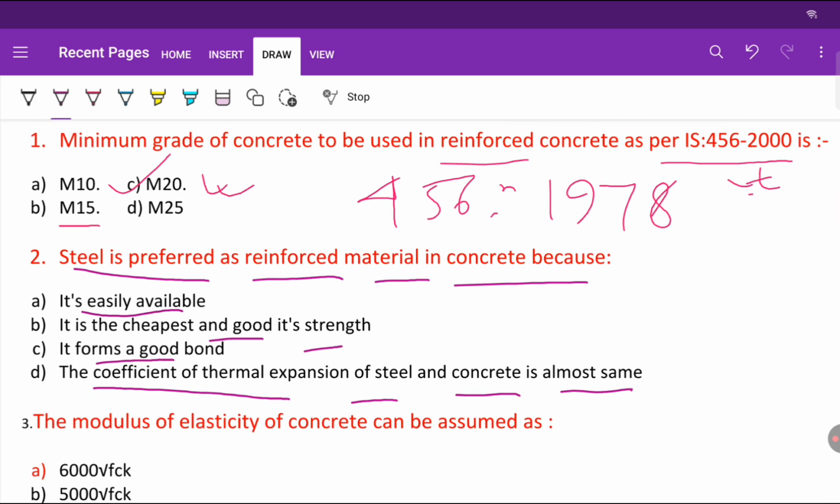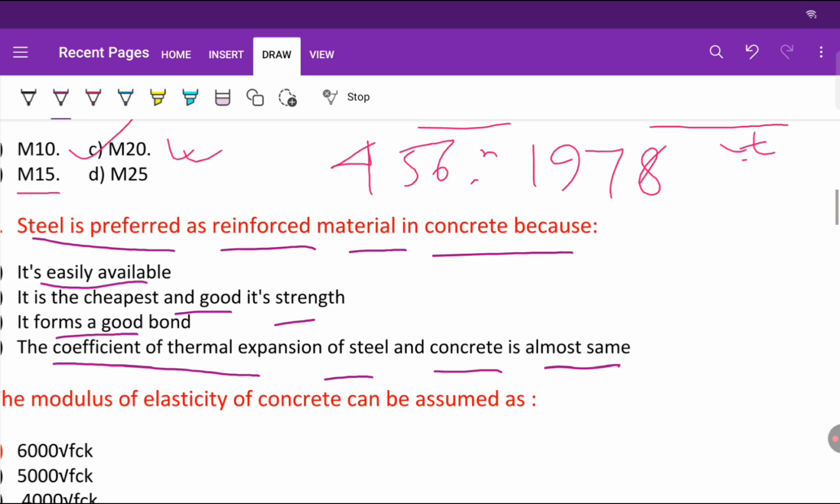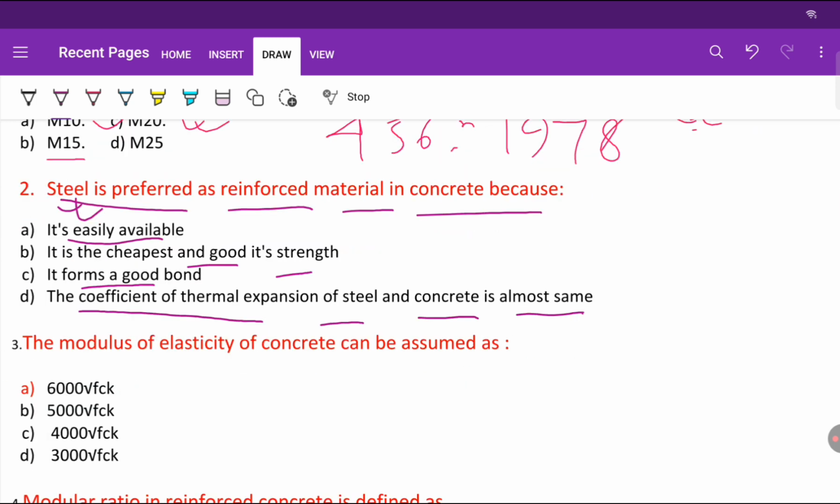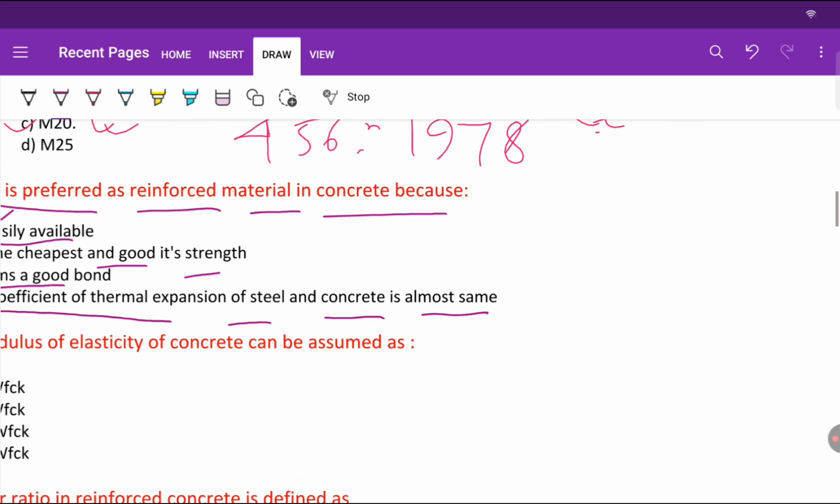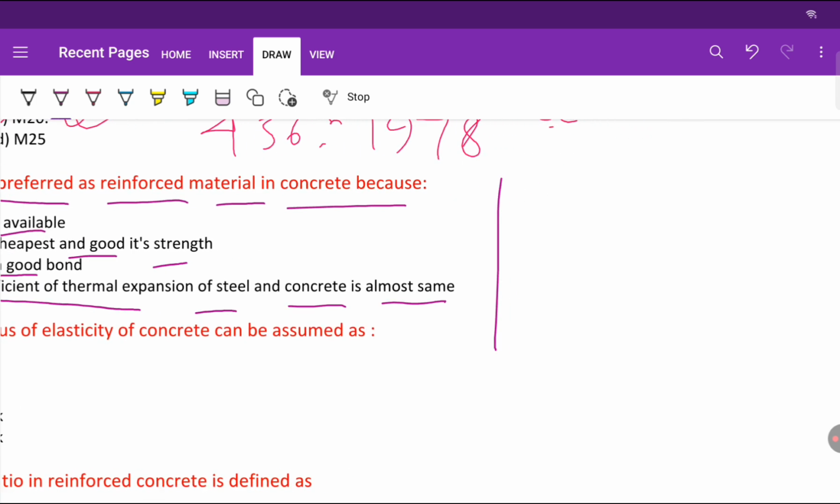So see, we use steel as reinforcement, right? In earlier times bamboo was used as reinforcement, but steel is found to be the most suitable reinforcing material because it has some qualities.